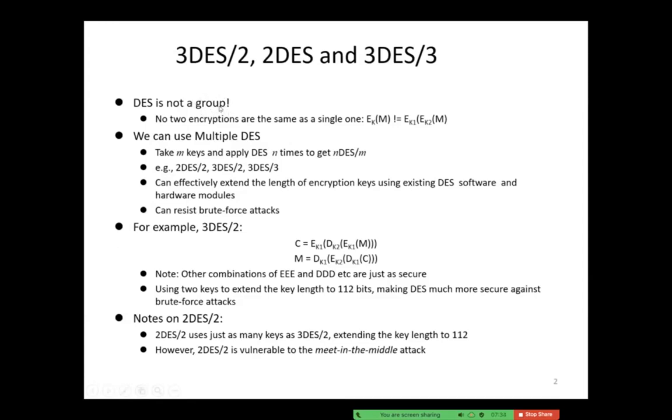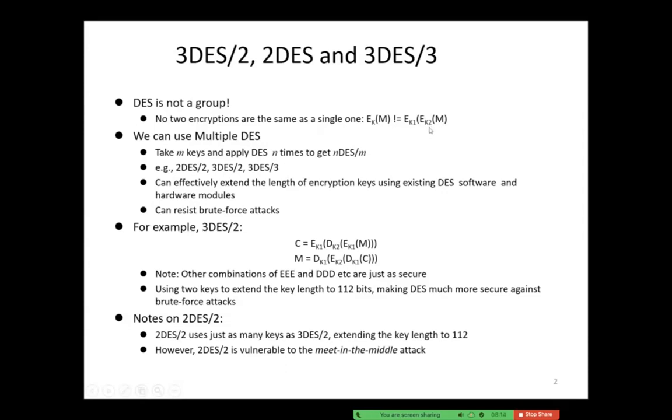Now, group is a mathematical concept, but basically what it means here is that for any keys K1 and K2, you apply DES twice, okay, you use K1 first, get a result, and apply DES using K2 afterwards, and so you get a ciphertext.